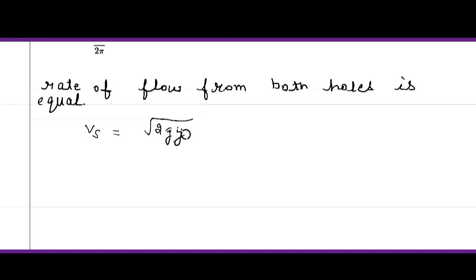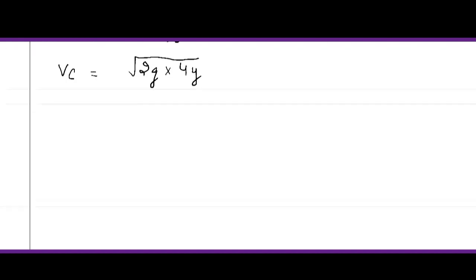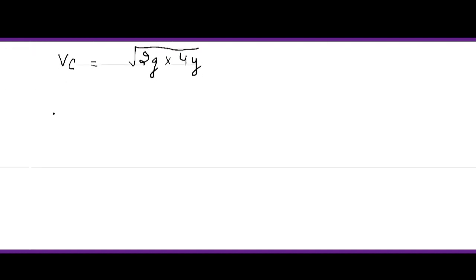H is replaced with y because depth y is given in the question, and velocity of water at circular hole is equal to root 2g multiplied with 4y because depth is 4y, and the rate of flow is equal, so we can write it as As into Vs is equal to Ac into Vc.